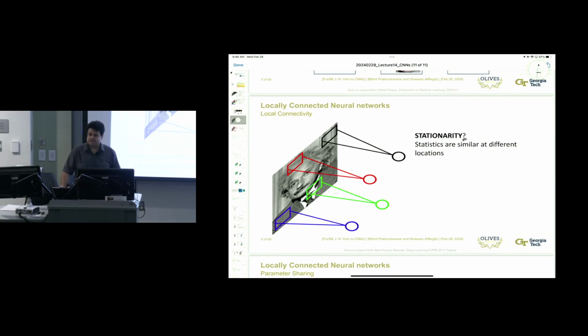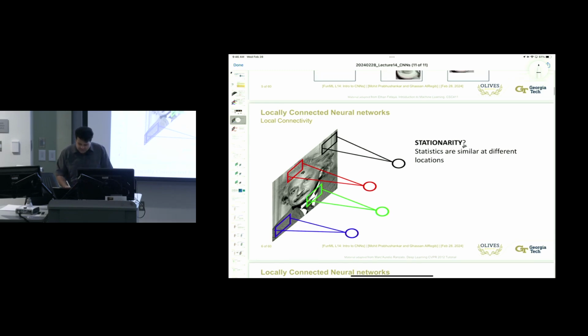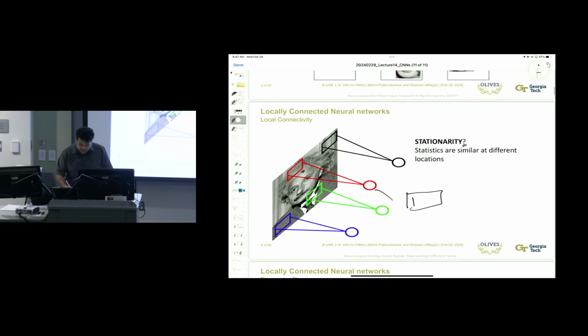Stationarity essentially means that each patch has a specific set of features that makes it up. In other words, let's look at this. My drawing skills are not that good, but if I were to draw these hairs for this particular frame, it's something like this, a bunch of hairs.